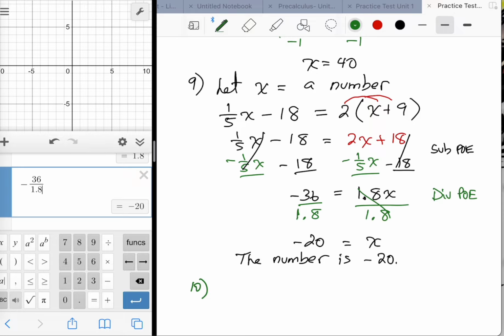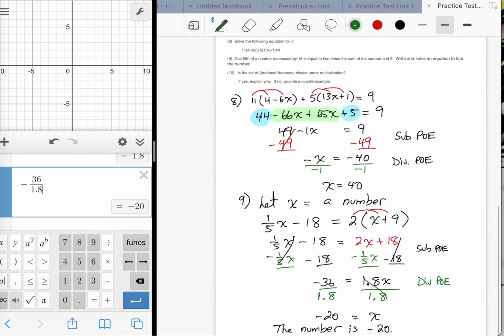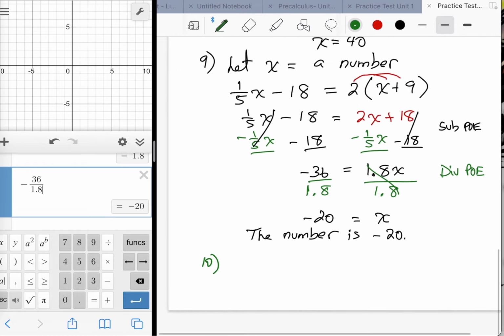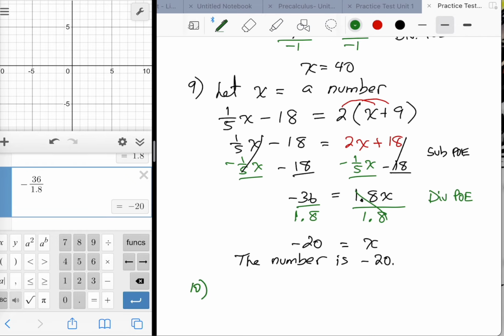The last one we already did, the closure. Irrational numbers closed under multiplication very quickly and easily. It's no because, for example, any example that justifies it is fine.